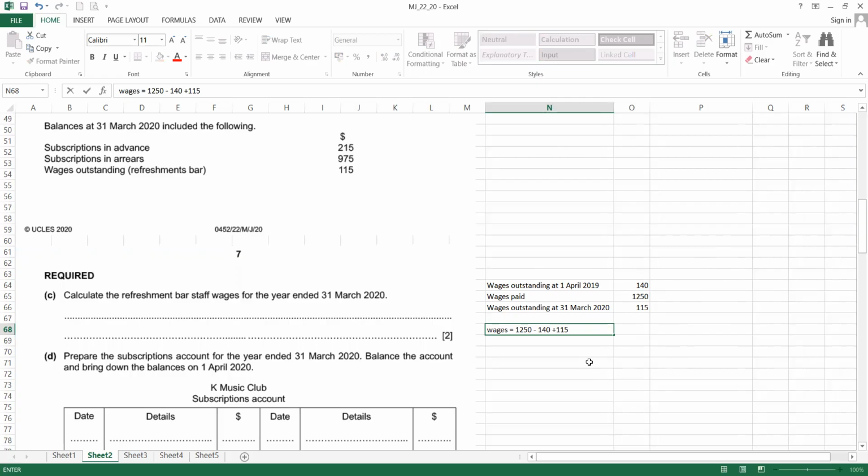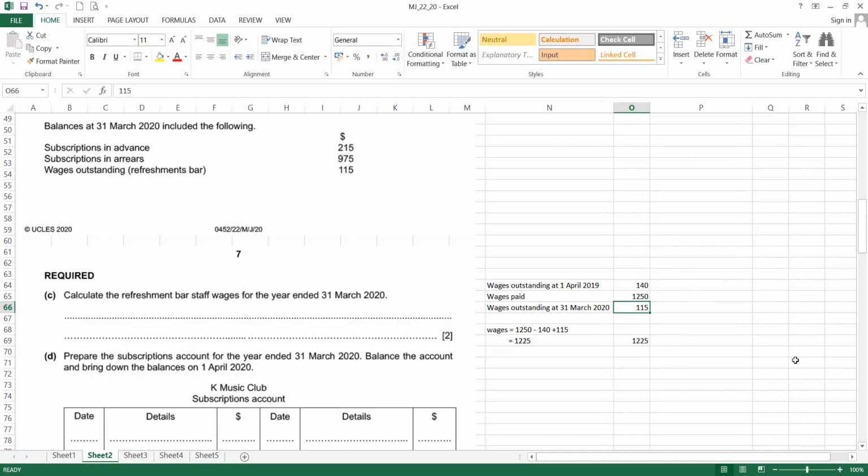So the difference will be, let me count, 1250 minus 140 plus 115. So the answer is 1225. Basically, it's taking the amount paid minus the last year liability, plus this year liability.